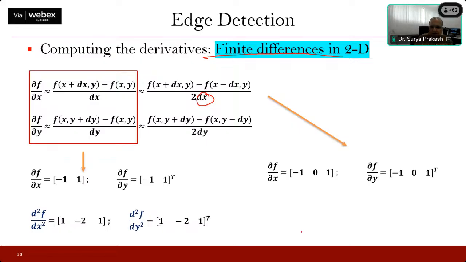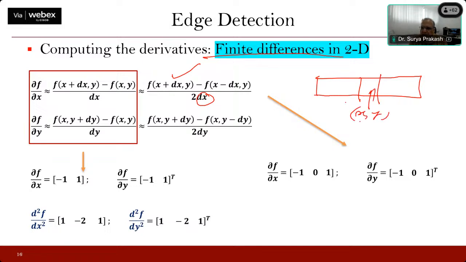You can see this figure here. Let's say you have a row like this. There is something in between, and its coordinate is x comma y, right? This one is x minus dx, and this is x plus dx.